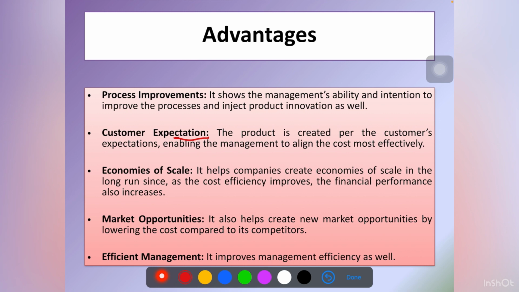When the production is on a large scale, the advantage of cost reduction automatically comes into consideration and the financial performance of the firm increases, right? Then the market opportunities. The market opportunities are also availed when you have lower cost compared to the competitors. When you are selling the same product at a lower price, you have the competitive edge. Next is efficient management. With target costing, efficient management of the company automatically comes into the picture.